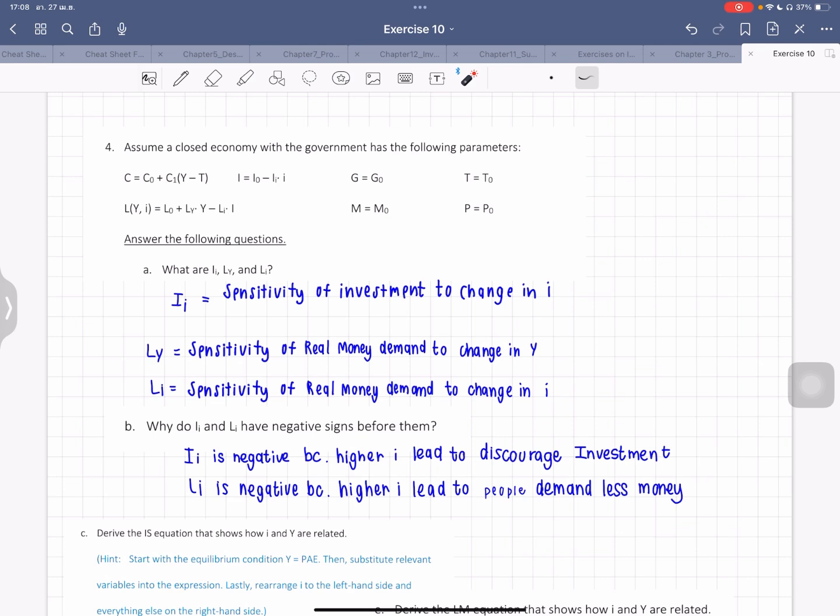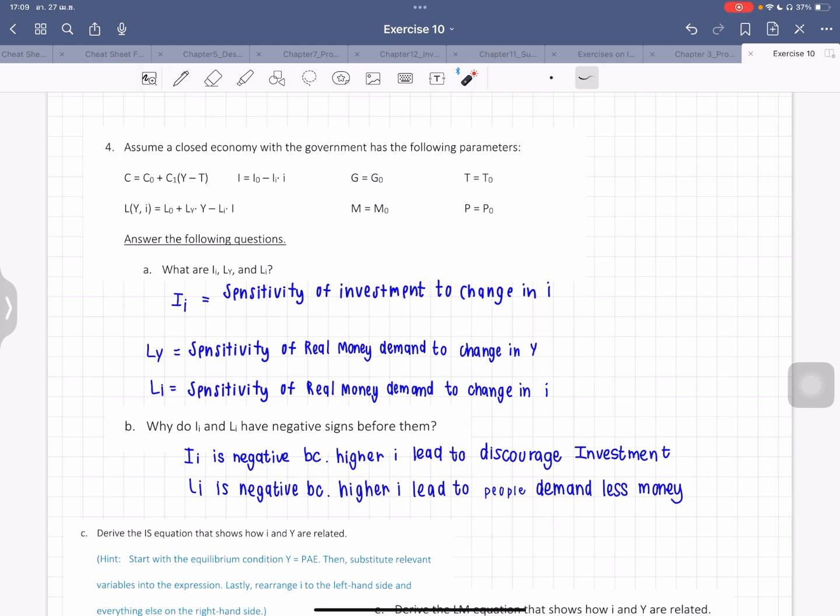Next, B: why do I subscript small i and L subscript small i have negative signs before them? I will explain that I subscript i, which is the sensitivity of investment to a change in the interest rate, is negative because a higher interest rate discourages investment.